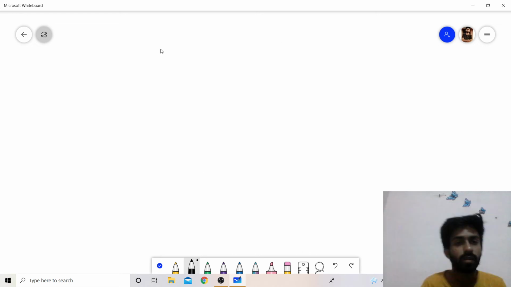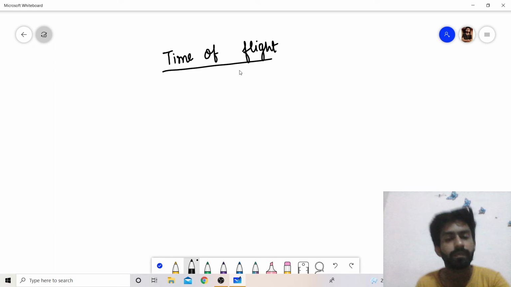So let's talk about how we can calculate the time of flight. As I told you, if we throw any object or body with initial velocity u at an angle theta, it has two components, one in the horizontal direction and the other in the vertical direction, and the body moves like this.